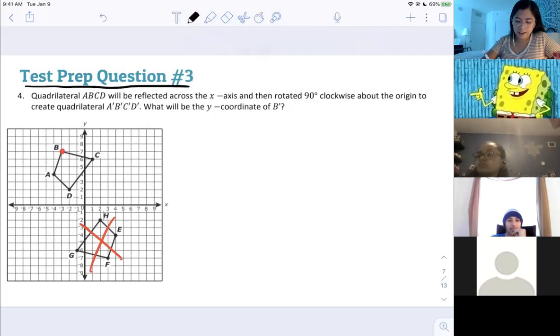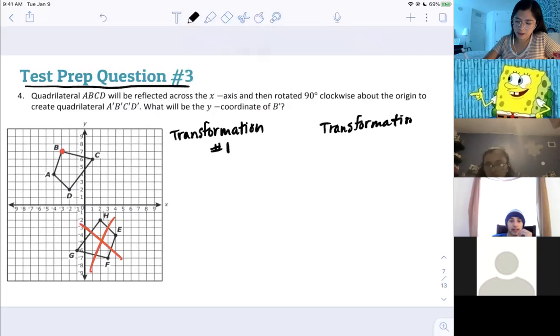So this is kind of like what we were doing yesterday. We're doing two transformations, and we're going to use our rules to get a final answer. Transformation number 1 is a reflection across the x-axis.